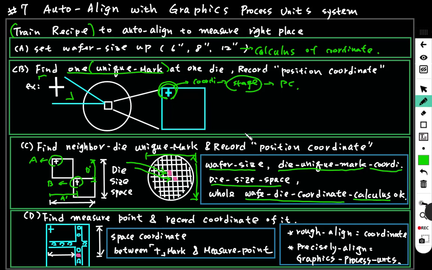Until now, we know the die coordinate, and we want to teach the equipment about the measuring point. The step D, we use the visual system to find the measure point.